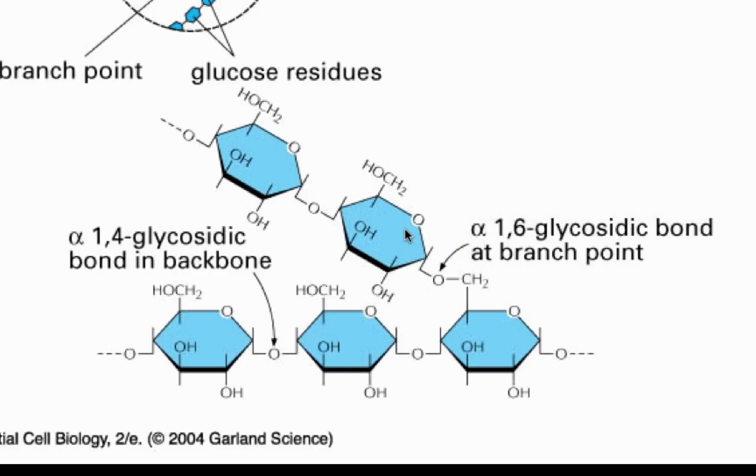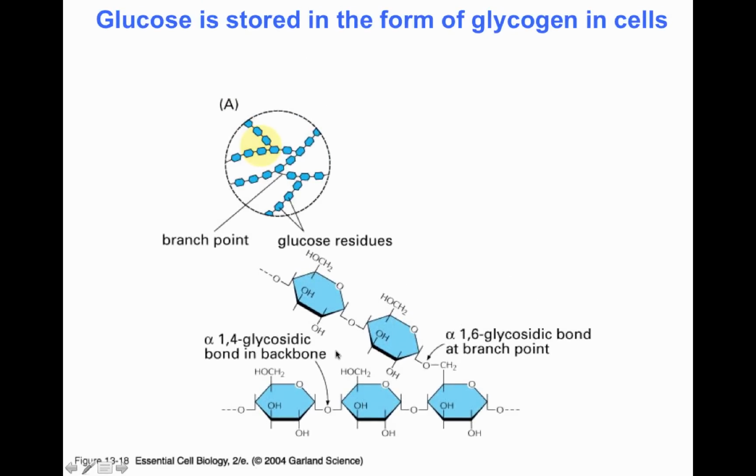So glycogen, being a polymer of glucose, is a great way for glucose molecules to be stored in the animal cell. Similarly, in plant cells, what you have is starch. Starch is another polymer of glucose that is used to store large amounts of glucose.